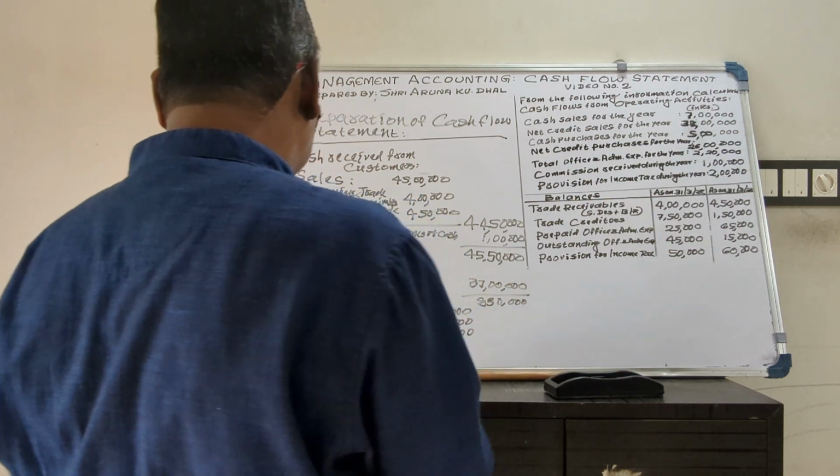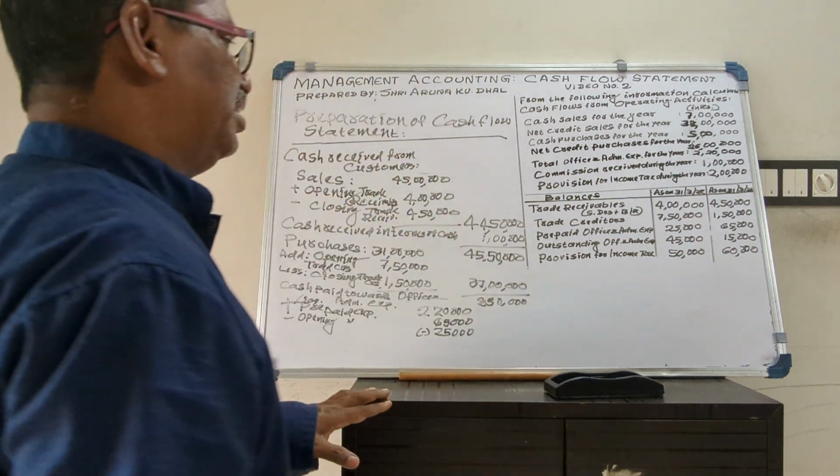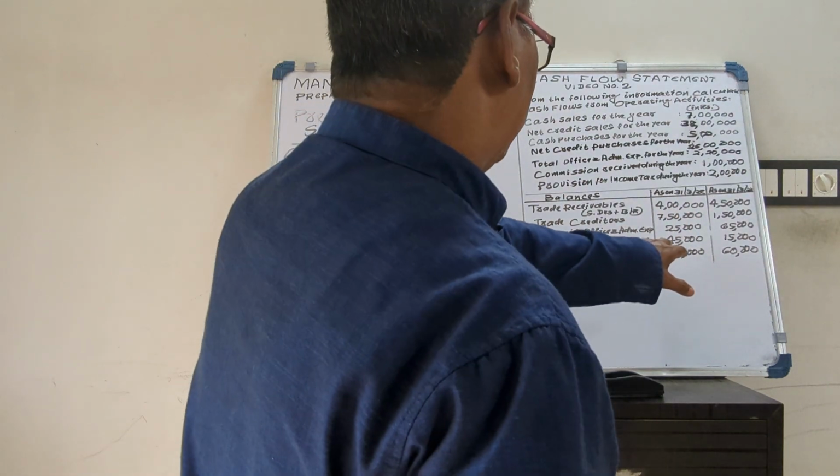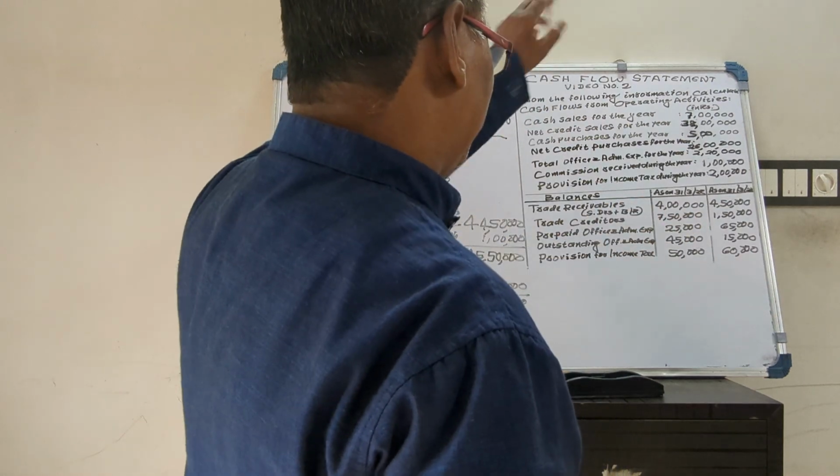Then it is given outstanding office and administrative expenses. At the beginning, 45,000 was outstanding in the previous year.